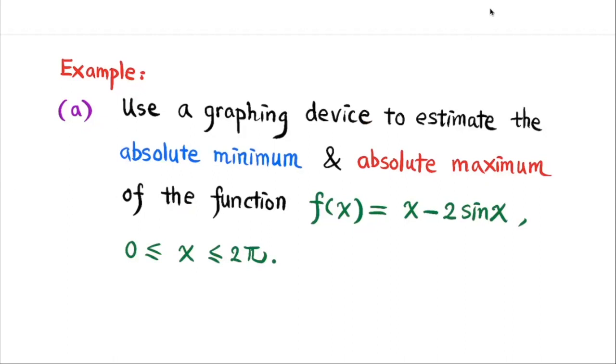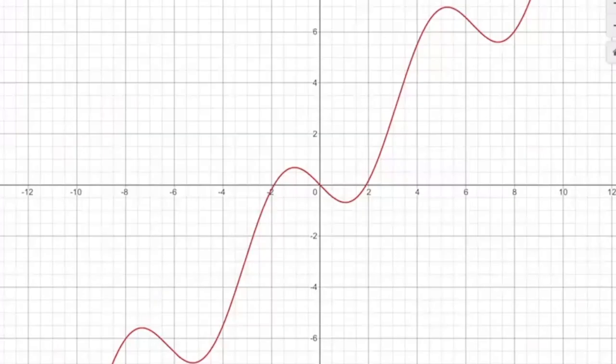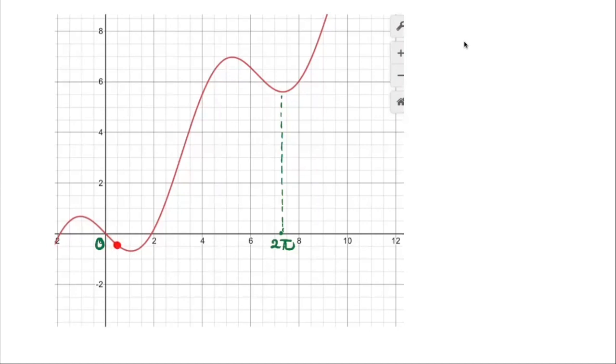And then in part B, we're going to use the closed interval method to find the exact absolute minimum and absolute maximum. Here's a graph for the function f of x equals x minus 2 sine x. We're going to focus on the interval from 0 to 2 pi.